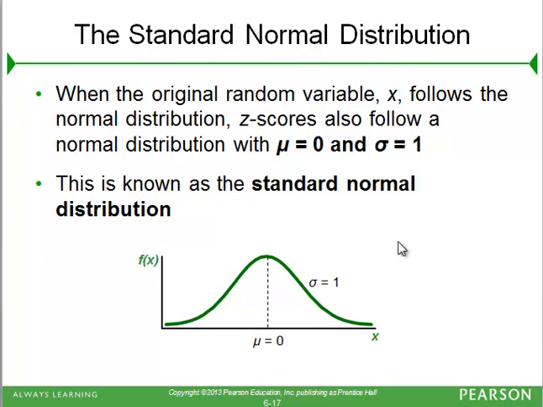Before I introduce the other ways, I'm going to introduce the standard normal distribution. The standard normal distribution is one kind of normal distribution. Why is it standard? Because this distribution has a mean of 0 and a standard deviation of 1.